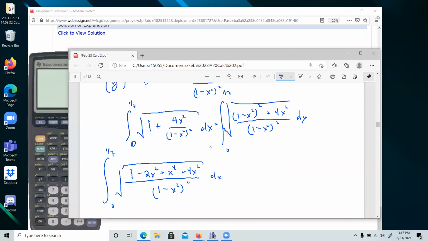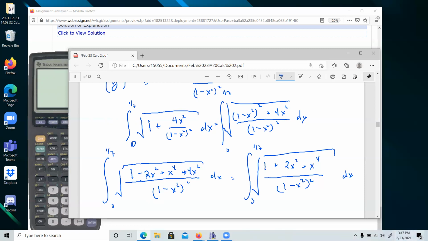And now we're ready to go. I've got a negative 2x squared. I should have put the plus 4x squared here, right? So that's going to be 1 minus 2 plus 4, which is plus 2x squared, plus x to the 4th over 1 minus x squared, squared, inside of a square root, inside of an integral, and ready to go.